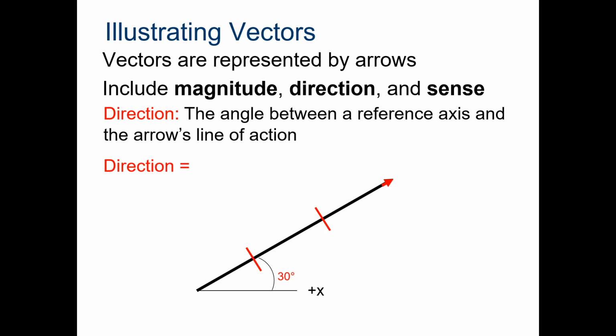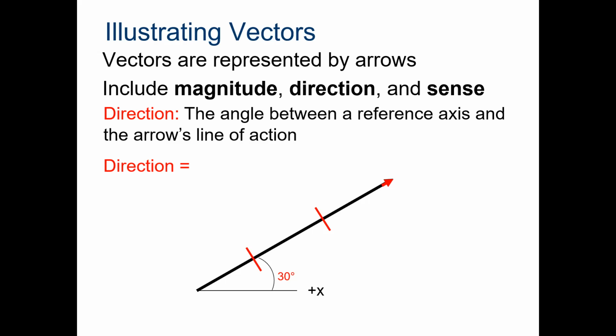You also must have degrees from that axis. In this example on my slide, the vector is 30 degrees counterclockwise from the positive x-axis.